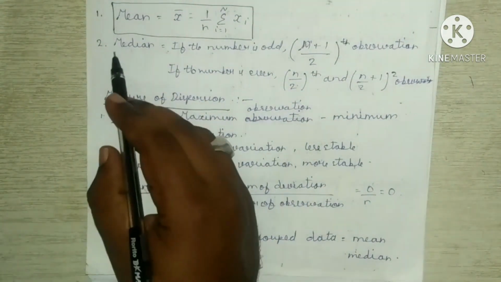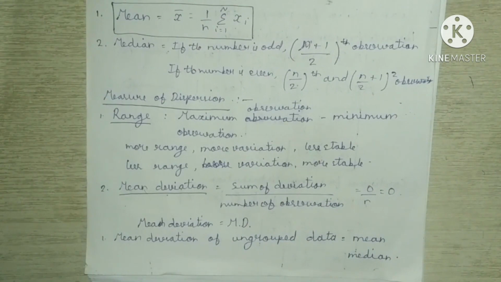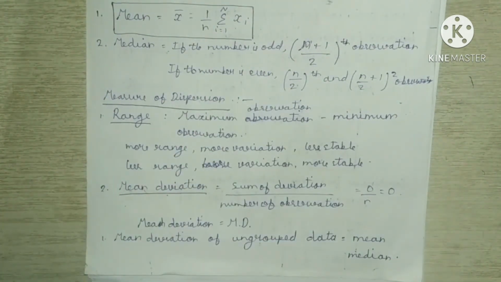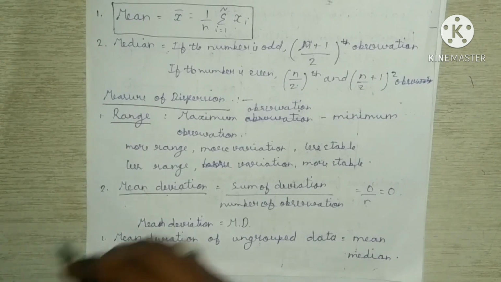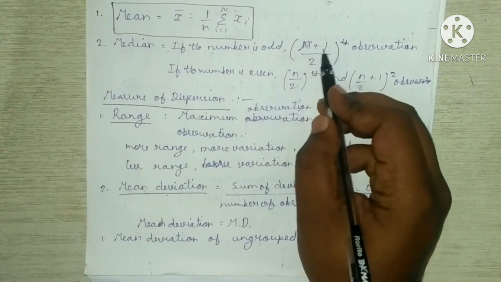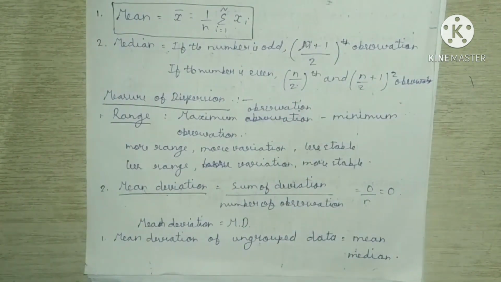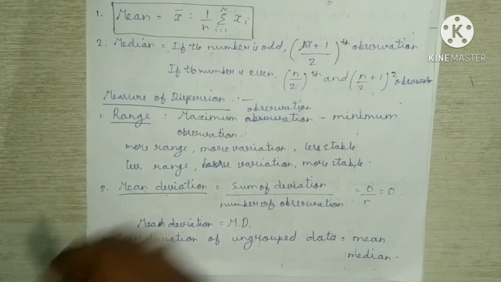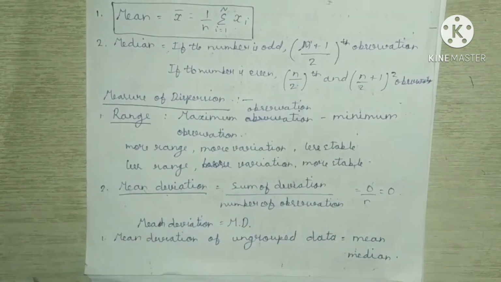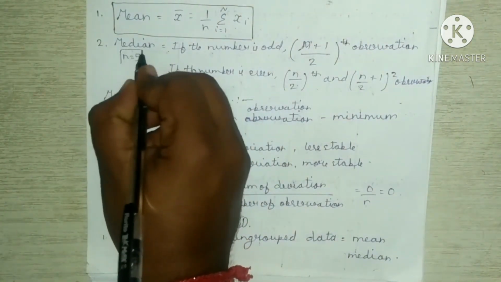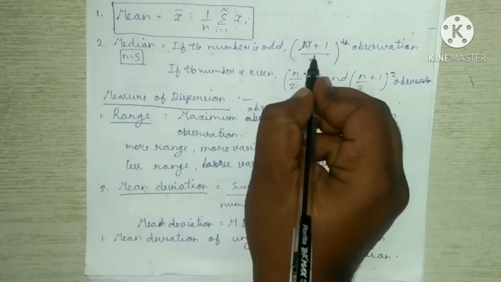Then the median formula. If the number is odd, the median is the (n plus 1) by 2 th term observation. We need to find the median class. If n is equal to 5, that means odd, you need to use this formula.